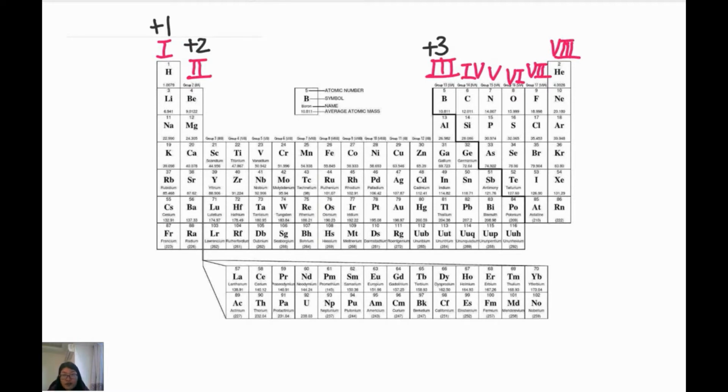Group 4 is changing, okay? And group 5 is usually negative 3. Sometimes it could be positive 5 too, but that's special. We don't think about them yet. And on the other ones it is negative 2 and negative 1. This is 0.